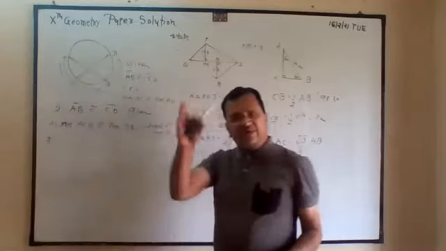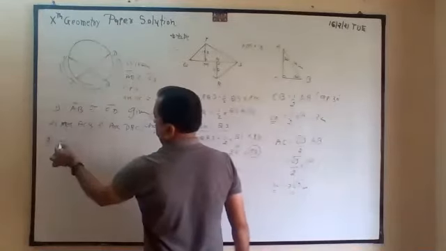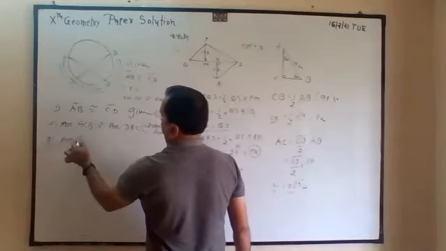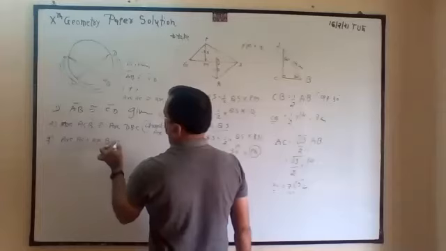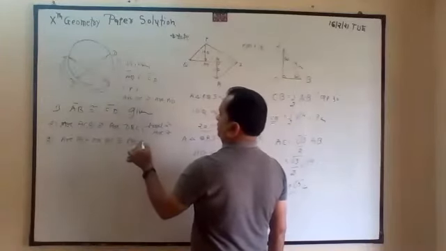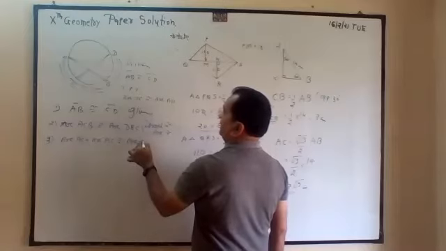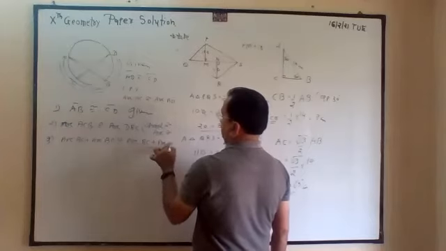Now this arc I will break down into two parts. Arc AC plus arc BC, and arc BC plus arc BD.